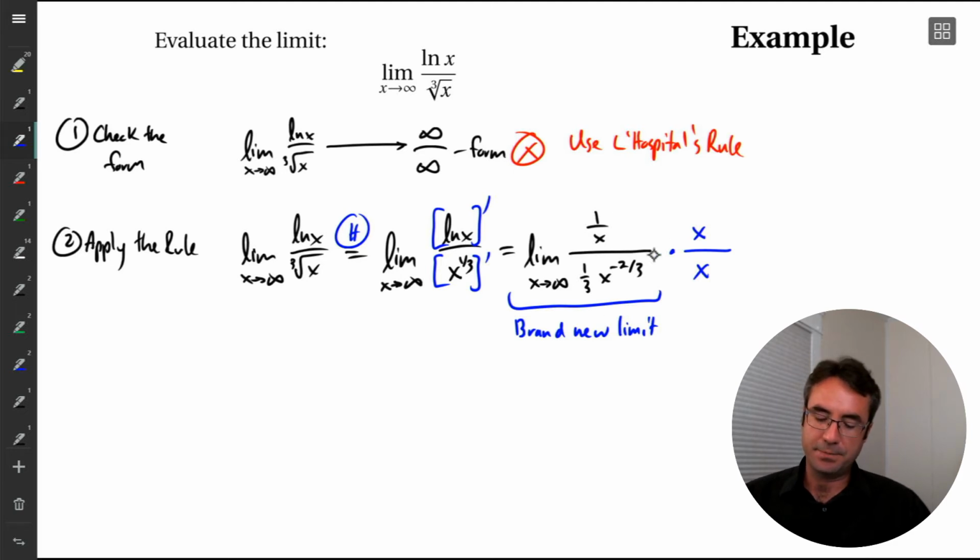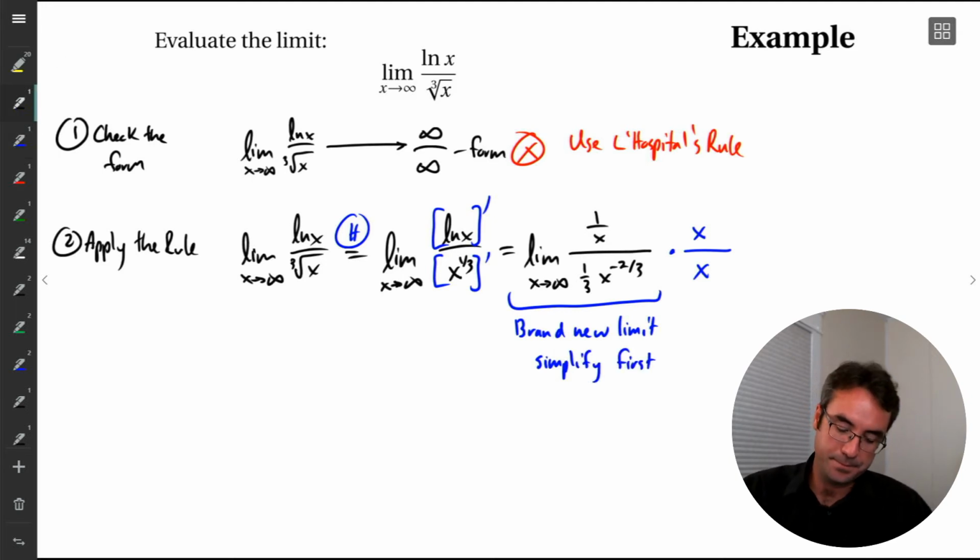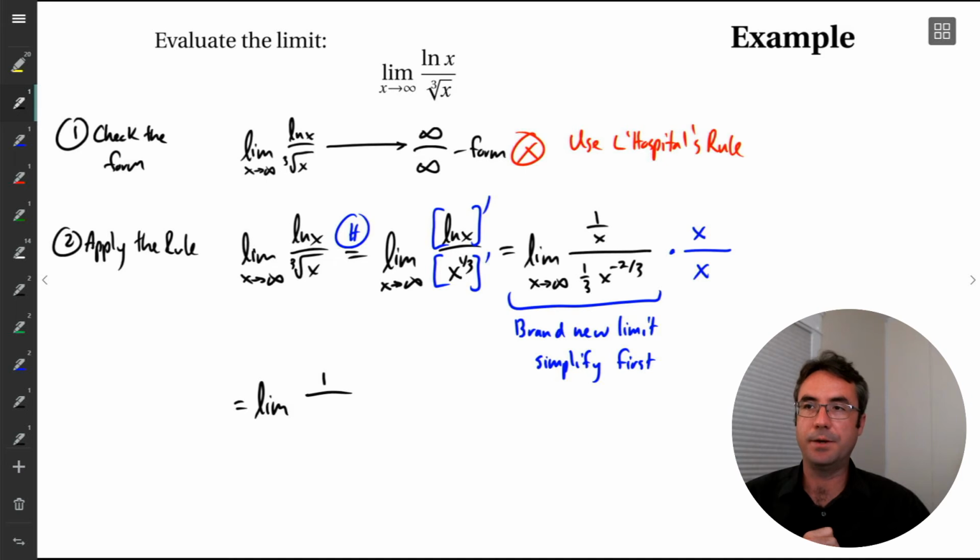So we're trying to simplify this. So what do we get? So x times 1 over x is going to be just a 1. Then we have 1/3. We're doing the limit as x goes to infinity. And then x times this x raised to the negative 2/3. What do we do? We just add the exponents. So there's like a hidden exponent of a 1 here.